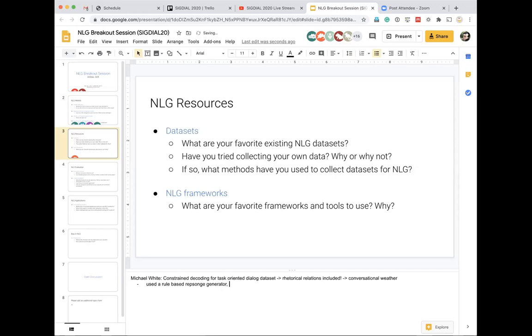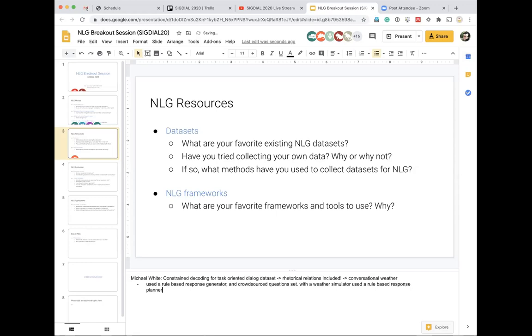Then we analyzed what kinds of questions they were, and together with a weather simulator, we fed that into a rule-based response planner. The output of the response planner together with the question was the basis of crowdsourcing.